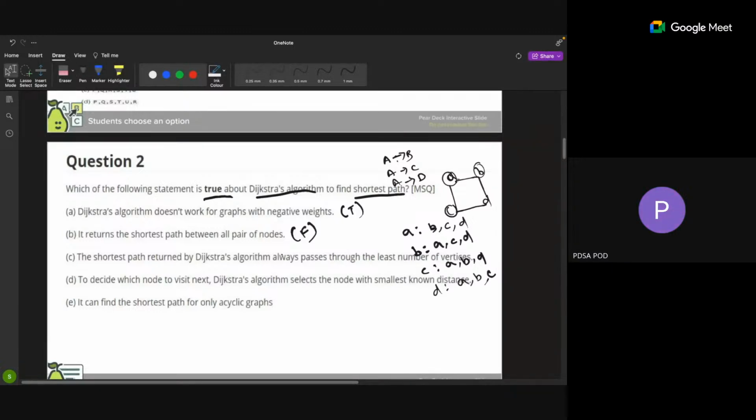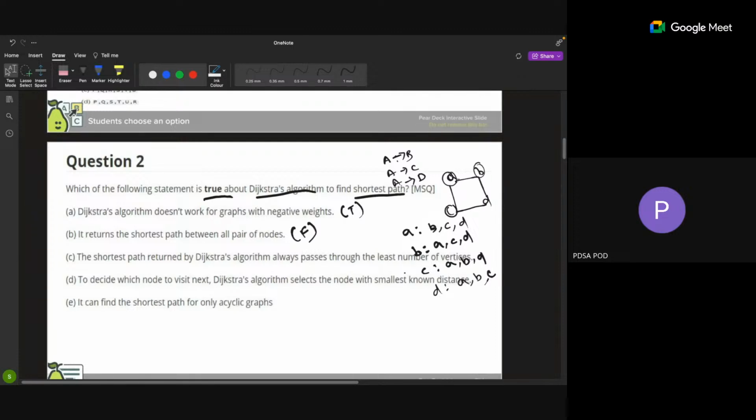Is it clear? Yes, sir. So the shortest path returned by the Dijkstra's algorithm always passes through the least number of vertices. No, least number of vertices is not there. It tries to cover the complete path to find the reachability.